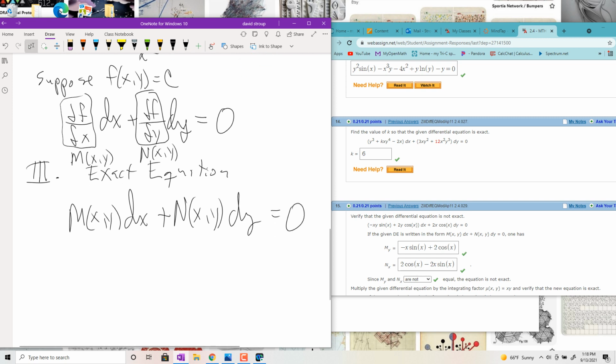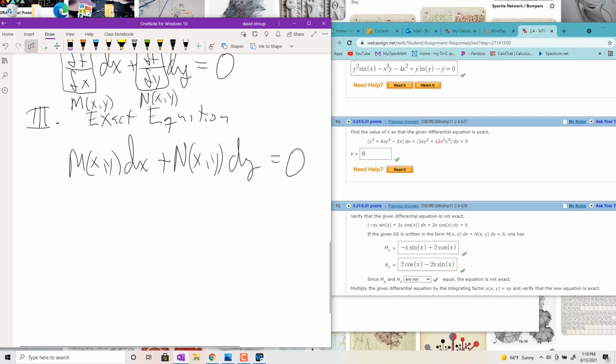Not all of these kinds of equations have a function which would result in this expression if you did the differential. So to make sure that it actually has a solution, there are some conditions.